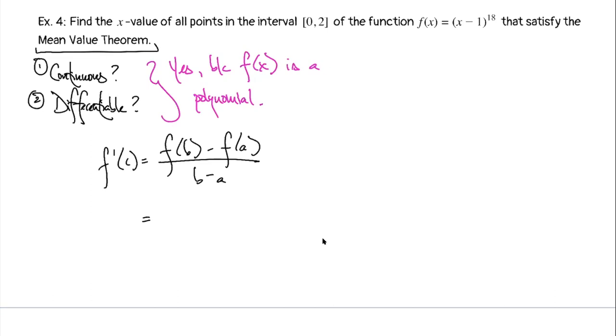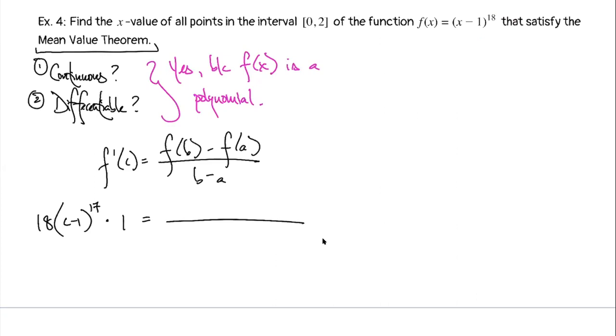Yeah, we could use chain rule, all right? And the only thing we're gonna do, we're gonna take that derivative, and everywhere we see an x, we're gonna plug in a c, all right? So we're gonna get 18 (c minus 1) to the 17th times the derivative of the inside, which is just 1. Okay.